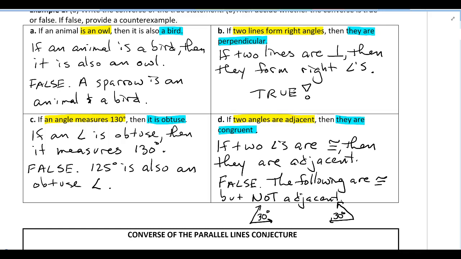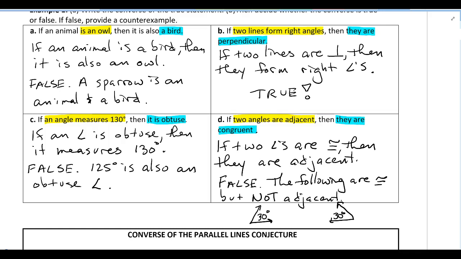So here are the solutions for these 4 example problems. You notice I've highlighted the hypothesis and conclusion for each. That way I have a visual of what I'm actually switching to get the converse. And also keep in mind, when we're finding the converse of a statement written in English, sometimes you have to use a little bit of common sense so that your sentence also makes sense.